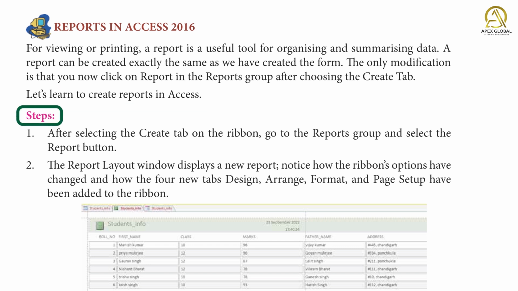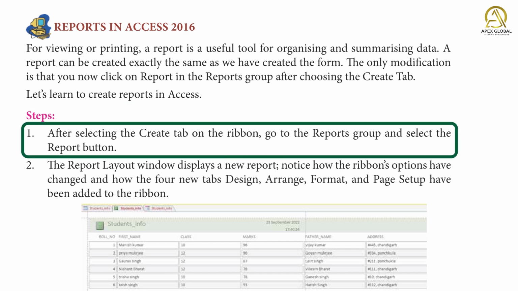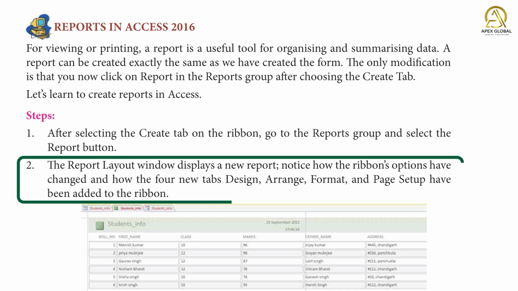Step 1. After selecting the Create tab on the ribbon, go to the Reports group and select the Report button. 2. The Report layout window displays a new report. Notice how the ribbon options have changed and how the 4 new tabs, Design, Arrange, Format and Page Setup, have been added to the ribbon.